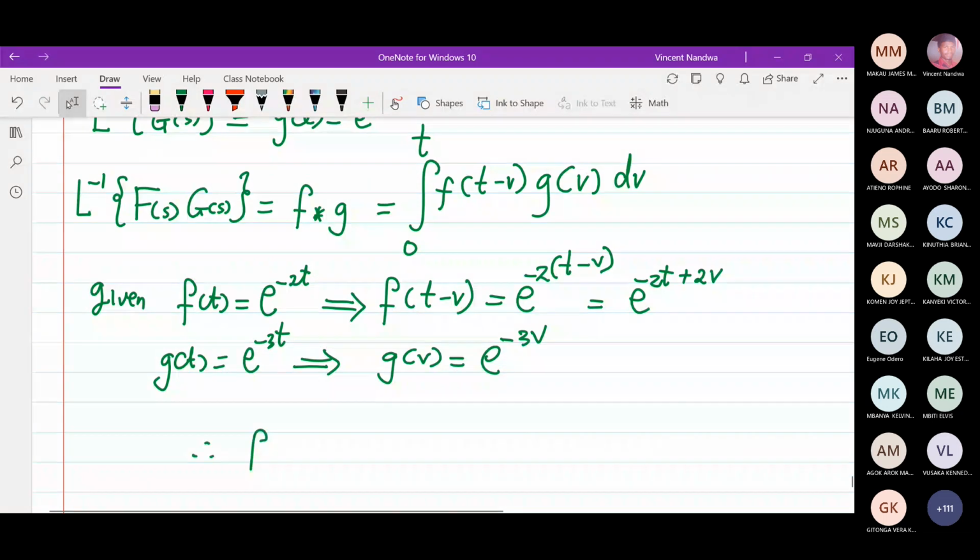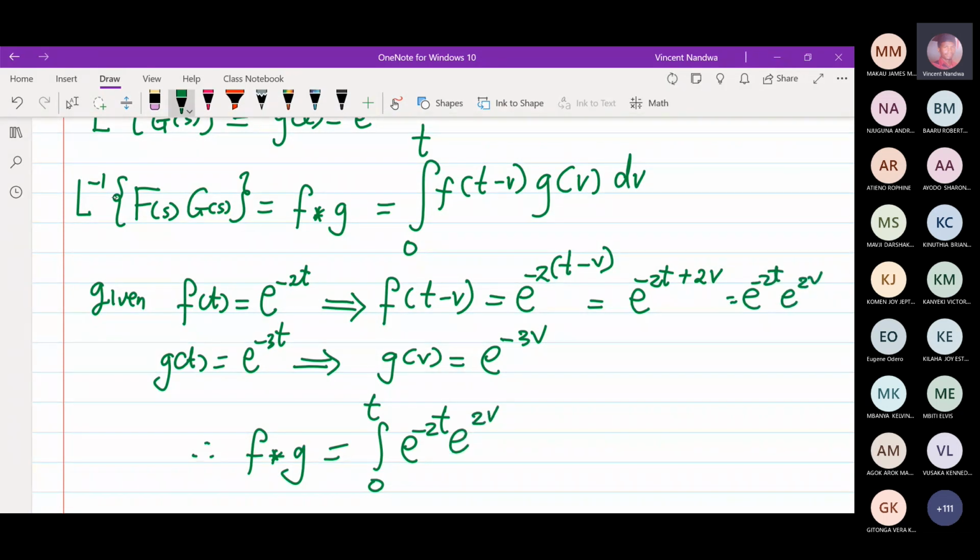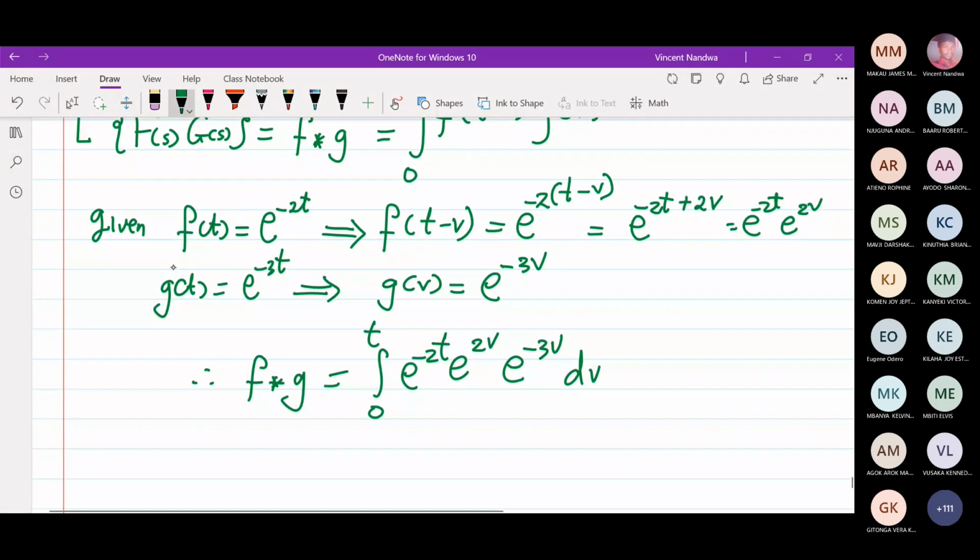But remember, this is integral with respect to v, so t is a constant, so I can pull it out. So e raised power minus 2t, integral 0 to t. What will be the new power for e in terms of v? Minus 1v, so minus v, okay?